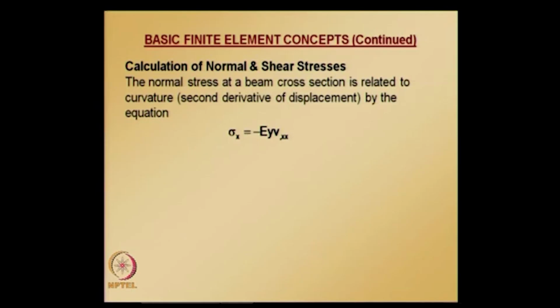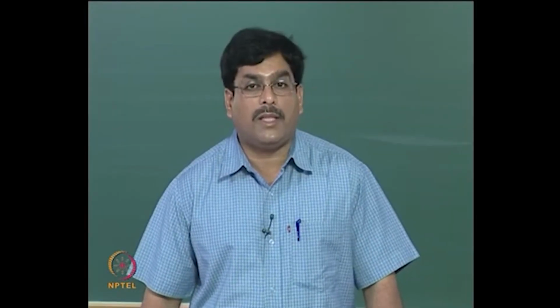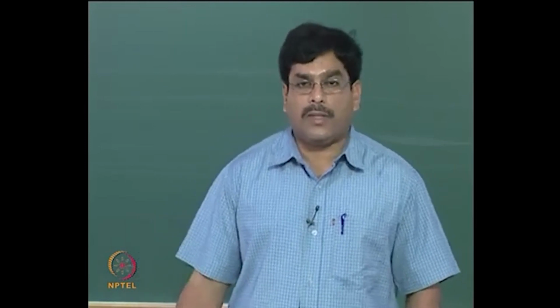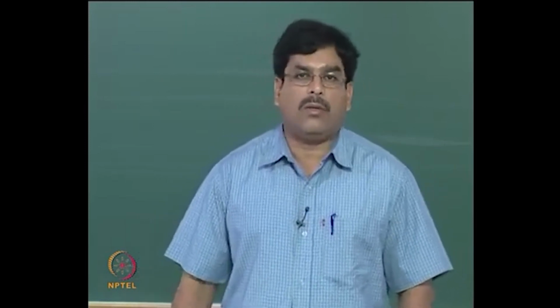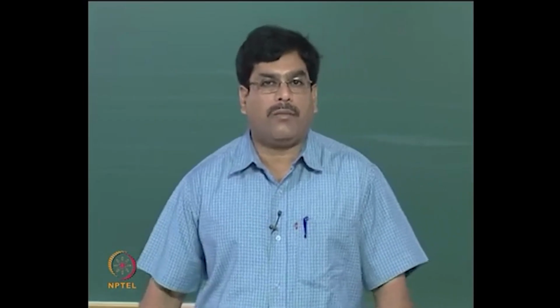We obtained the displacement along the length of the beam in terms of transverse displacement: u is equal to minus y times the second derivative of transverse displacement with respect to x.